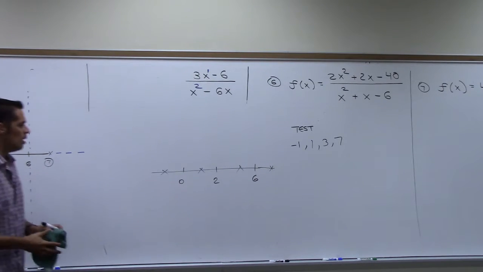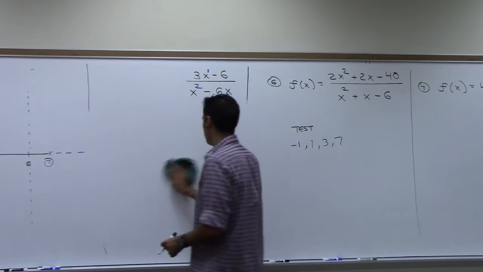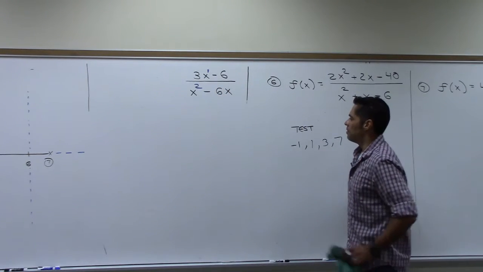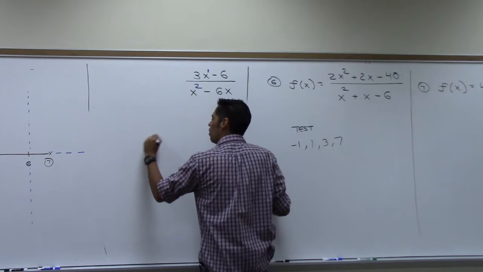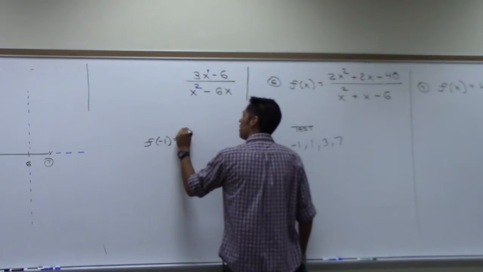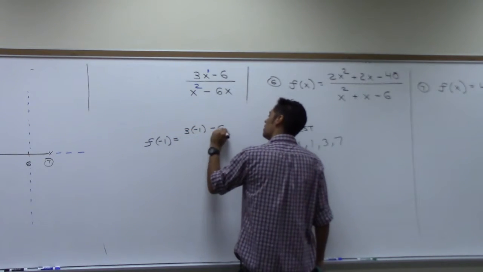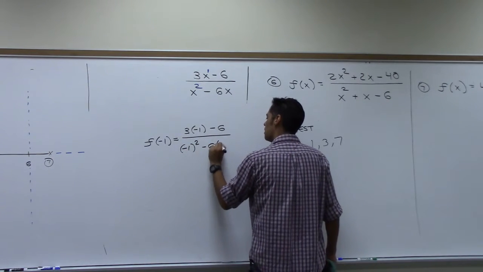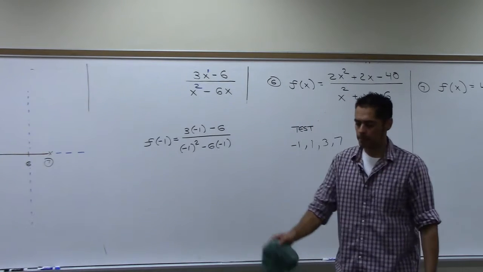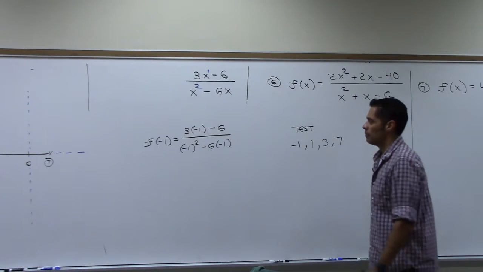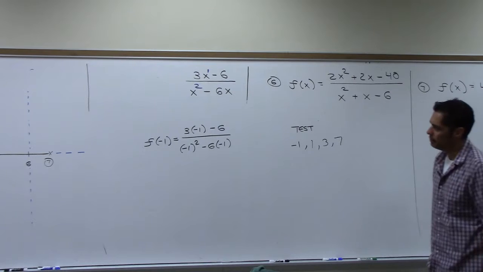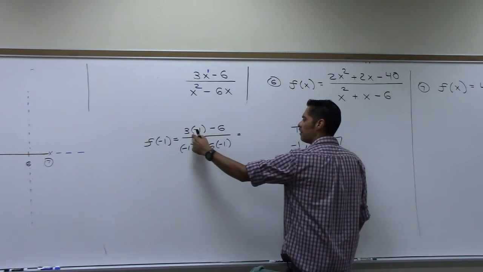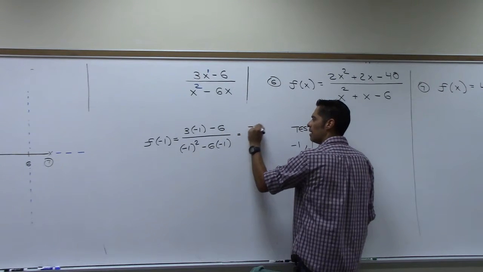So let's do -1. And I'm plugging this into this, right? All right, so here comes -1. F of -1 is 3 times -1 minus 6 over -1 squared minus 6 times -1. What does the numerator become? The numerator? -3 minus 6, -9.